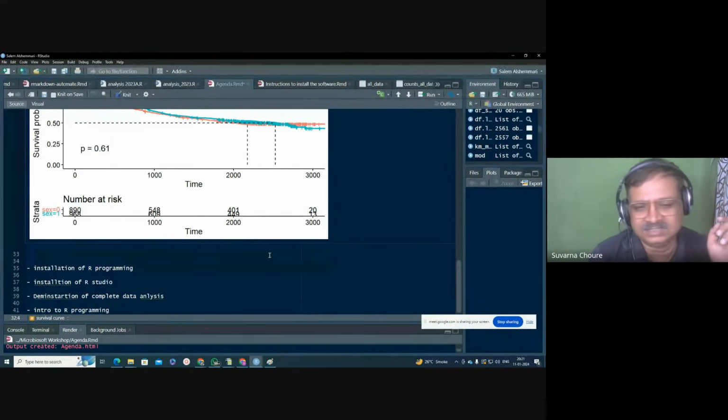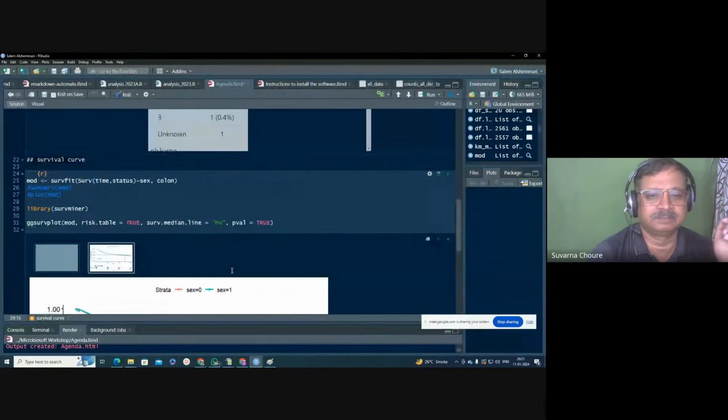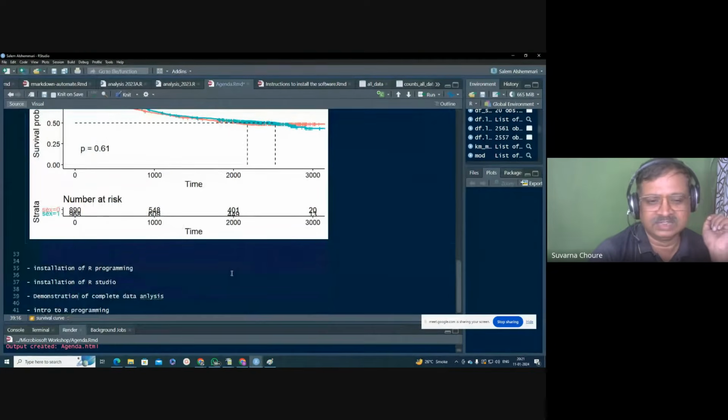If you practice this, people will start respecting you, people will start accepting you for good positions. You will be a good researcher if you know this. This is one strength of R. We'll just add to the strength of R in front of you.